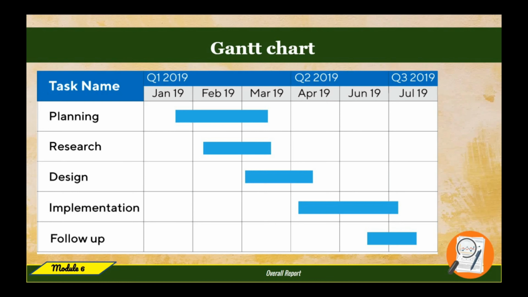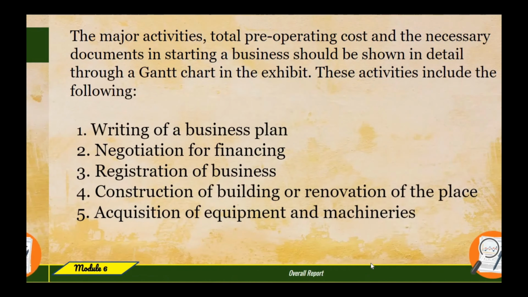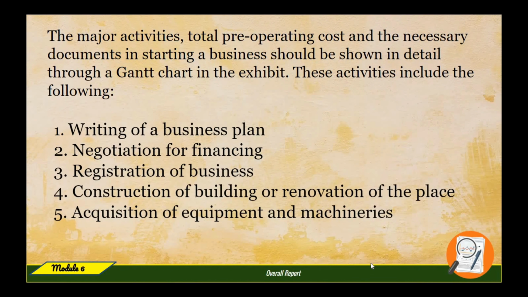For implementation, the same with planning, 3 months: April, June, and July. Then for the follow-up activity, we have 2 months. So be guided with this Gantt chart example on your screen. The major activities, the total pre-operating costs, and the necessary documents in starting a business should be shown in detail through the Gantt chart, which is kanina yung nakapakita kong example in the exhibit, no?